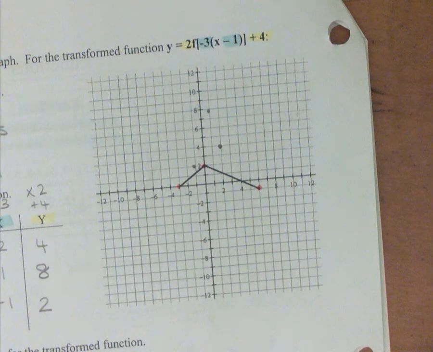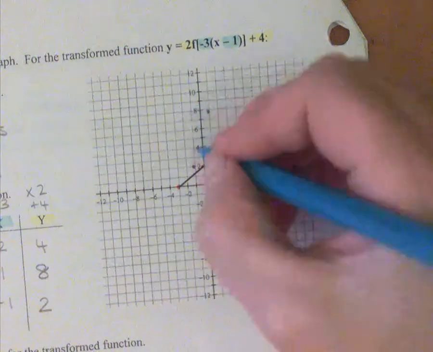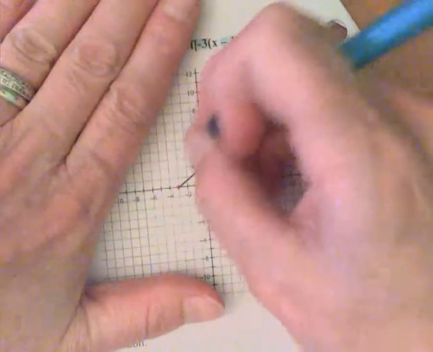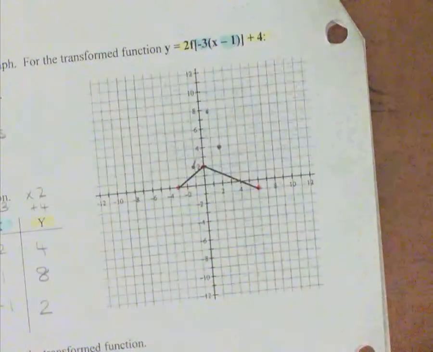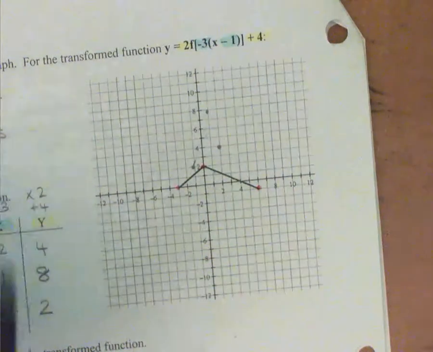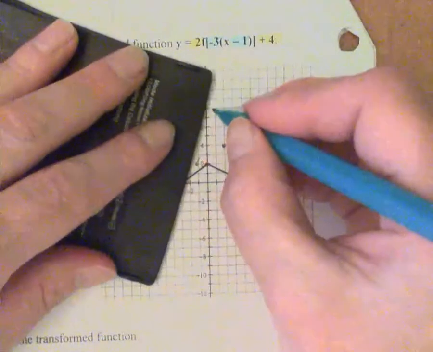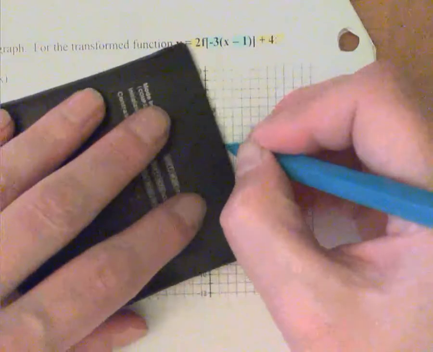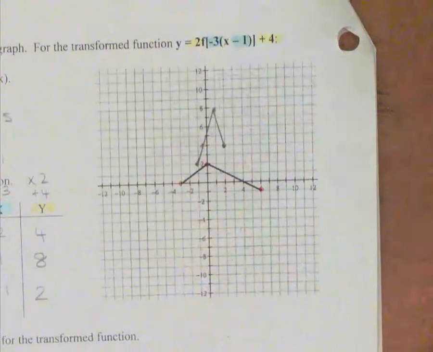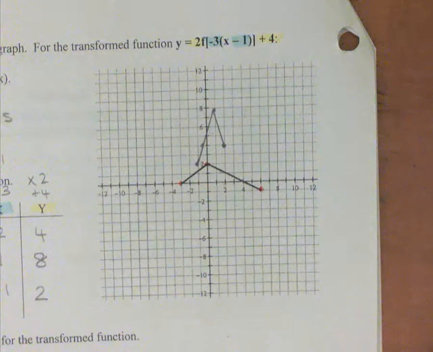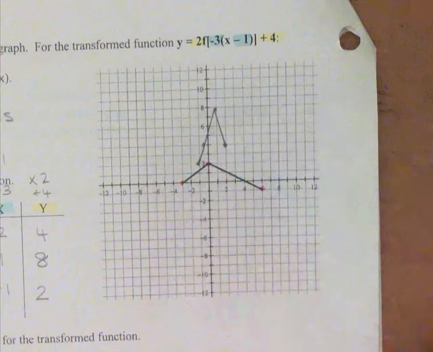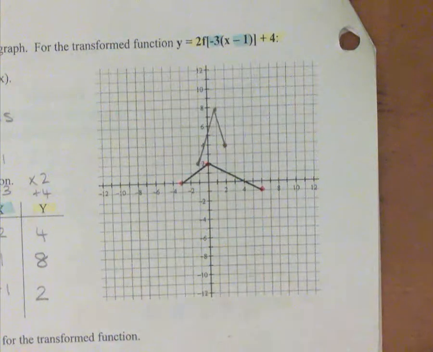And then I'm going to join them together. They should form something very similar to what you had in the original function. There's the horizontal reflection, which makes it look a little backwards, and squished, but other than that, it looks similar to what we originally had.